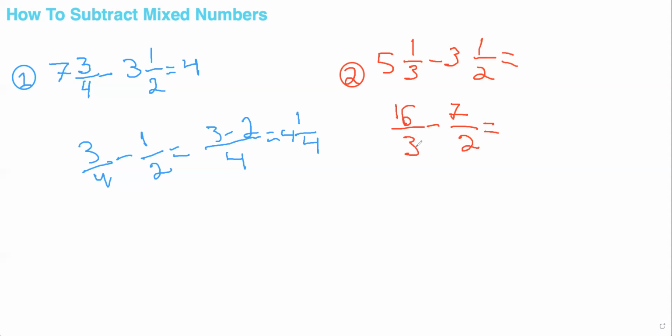So first thing we want to do is find our common denominator. So 3 cannot be our common denominator, so we look at the next multiple of 3, which is 6, and yes, 3 can go into 6 and 2 can go into 6. We use 6 divided by 3, which will give you 2, and then 2 times 16 will give you 32.